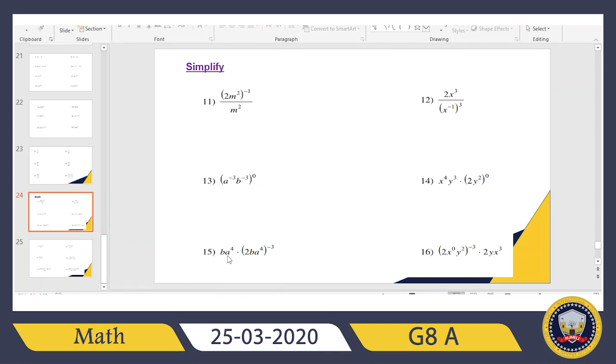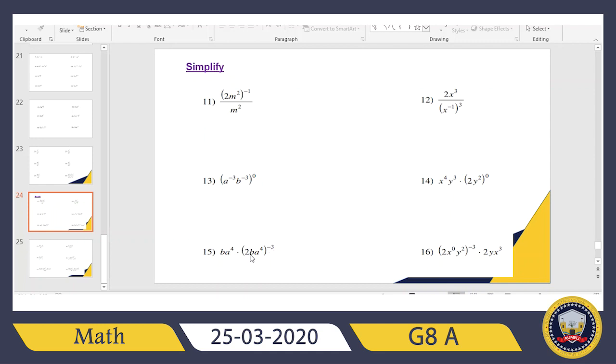Let's go for number 15. ba power 4 times 2ba power 4 all to the power of negative 3. ba power 4 doesn't have anything to be done with it, but this bracket I have to expand this power over all what's inside the bracket.